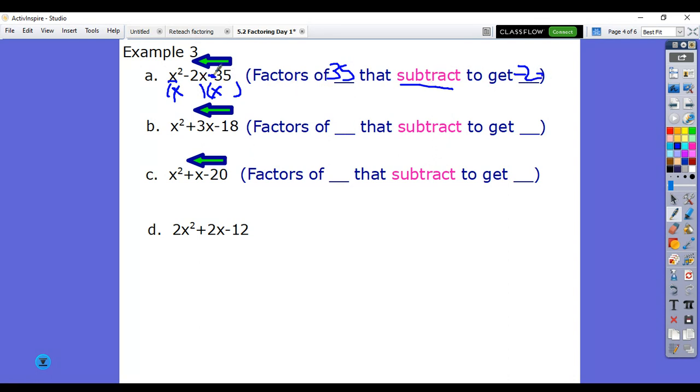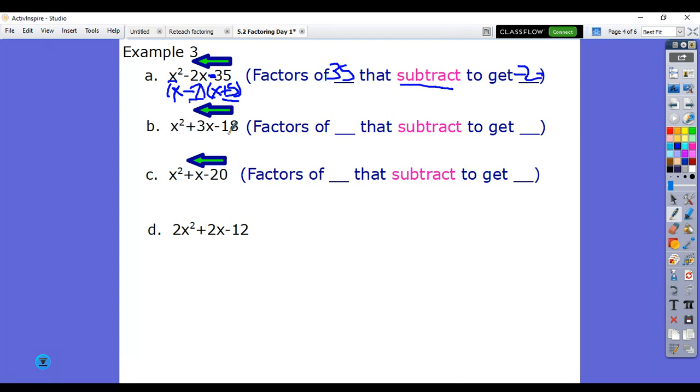And this minus 35 tells me my factors are going to be opposites. That's why it's a negative, and these numbers need to subtract to get 2. So that's going to be 7 and 5. Anytime the signs are different, the biggest number is going to match the sign of the middle term. So the 7 is negative, 5 is positive.